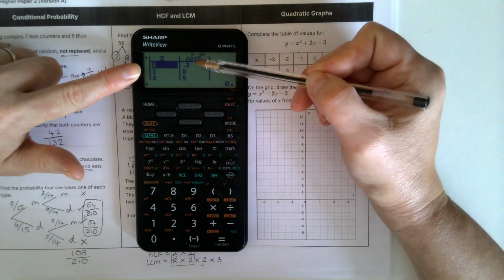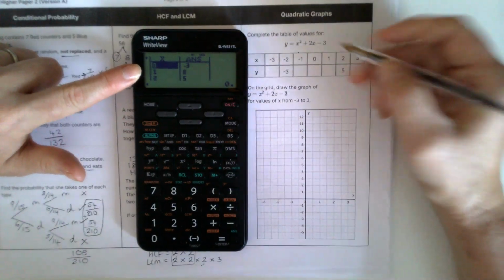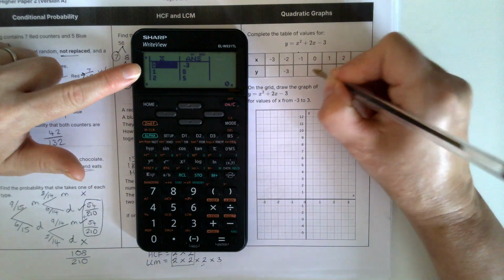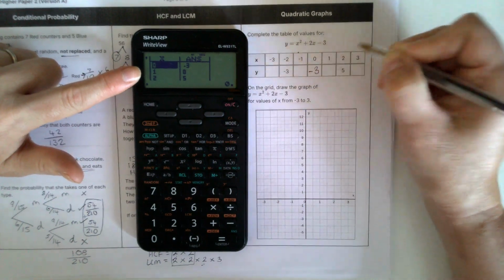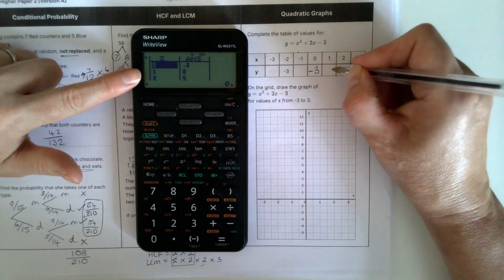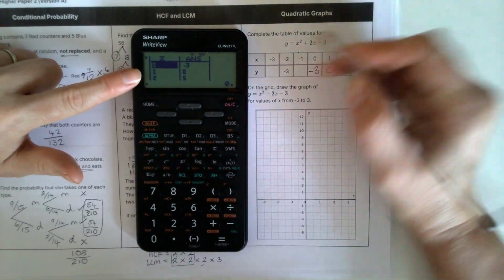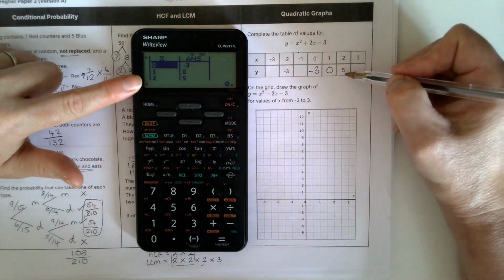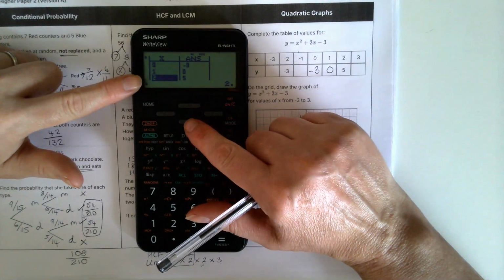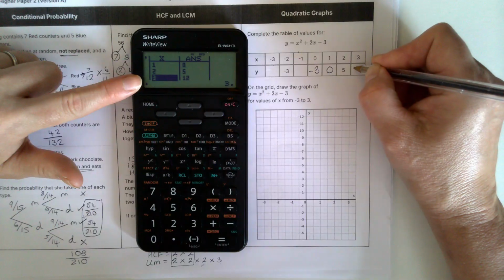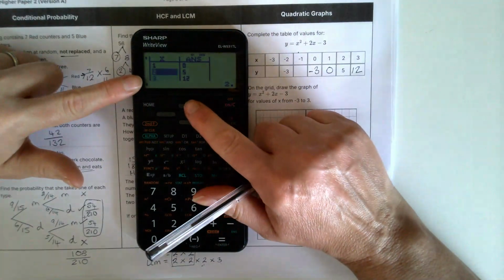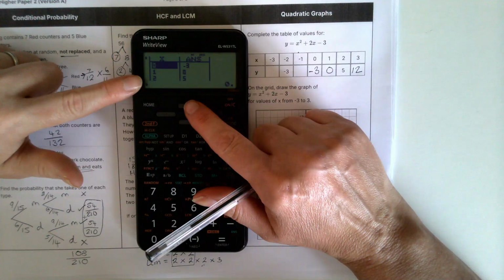So when x is 0, y is minus 3. When x is 1, y is 0. When x is 2, y is 5. Now scroll down to get your next one. That's 12, and then scroll up to get your negatives.